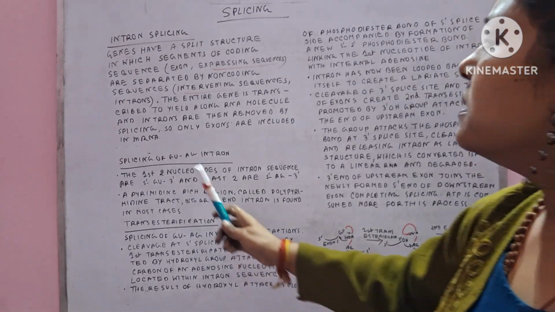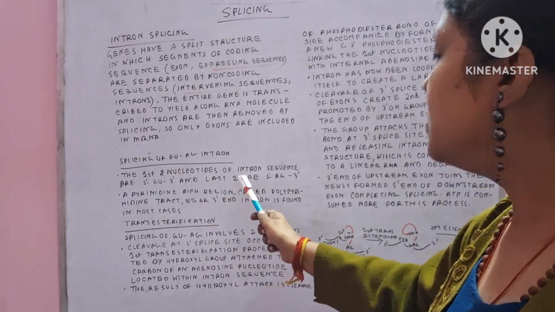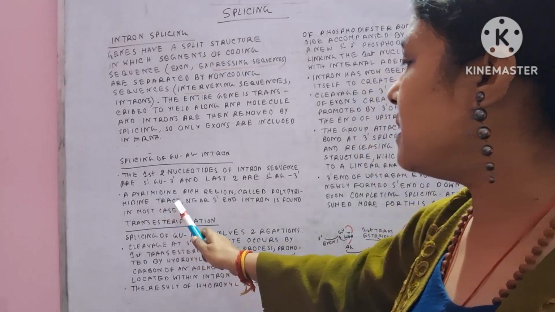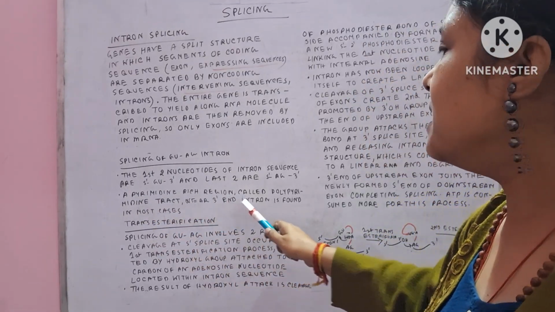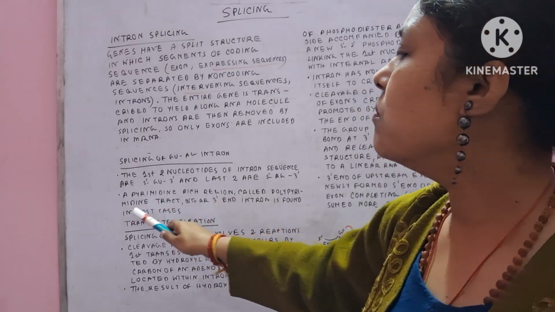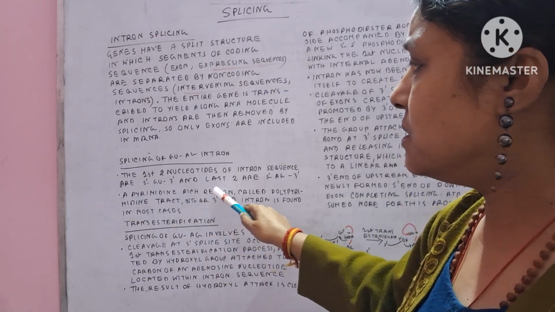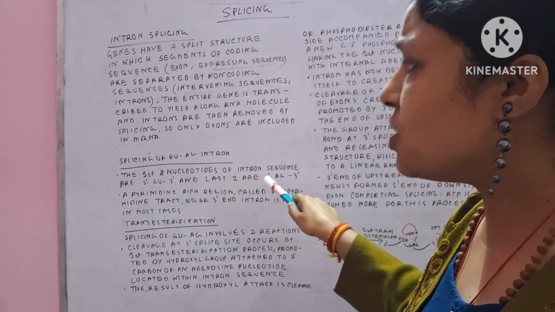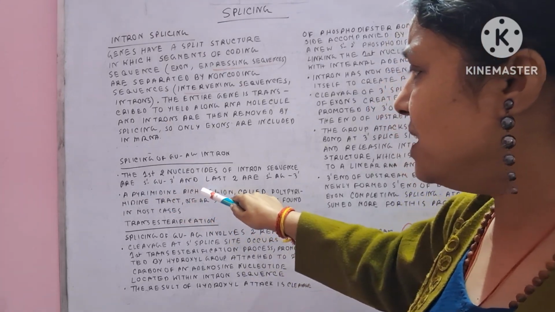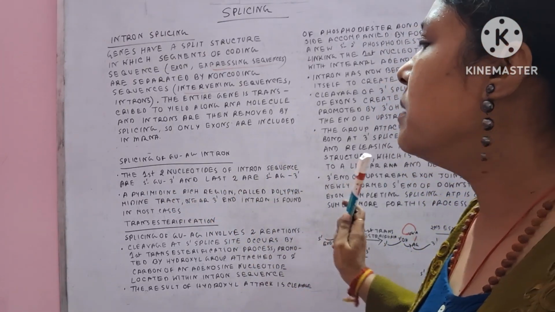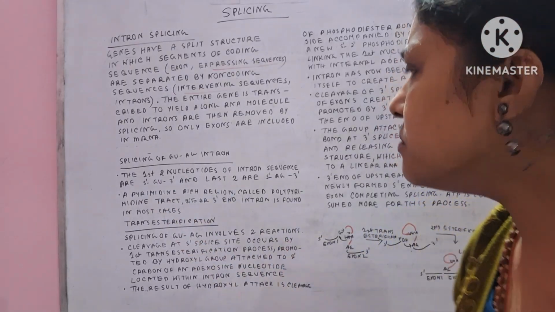A pyrimidine-rich region, called the polypyrimidine tract, is found near the 3' end of the intron in most cases.